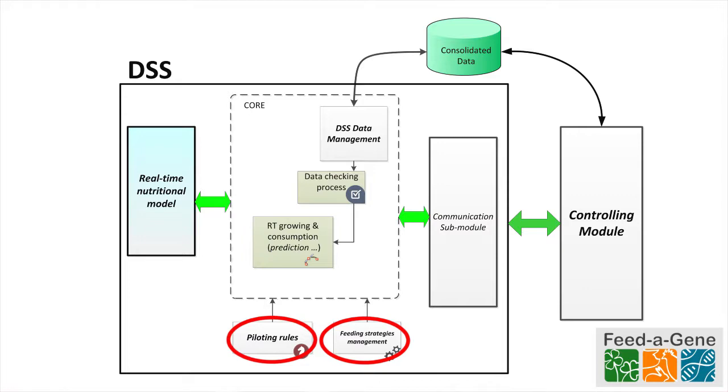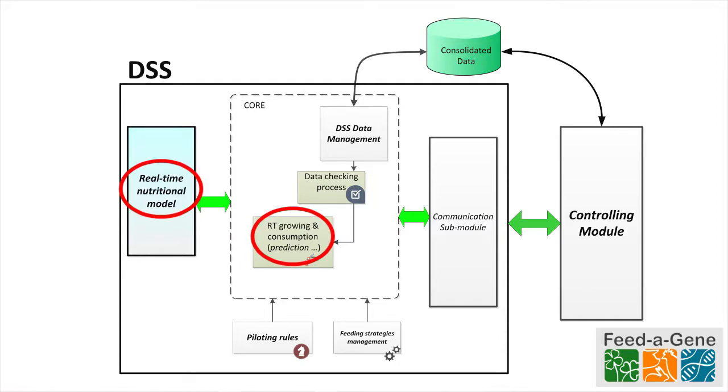Once the data are checked, they are used for real-time growth and feed intake prediction. That is to say, we want to know the most probable performance of the pigs to help calculate the requirements.